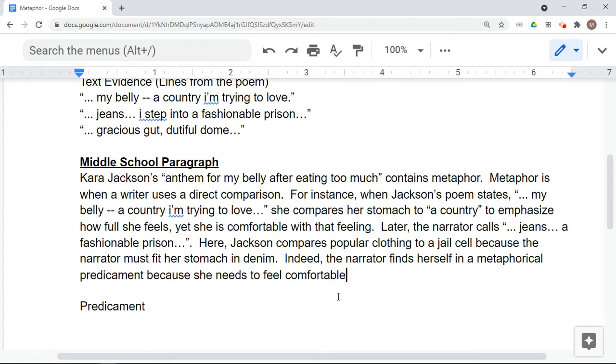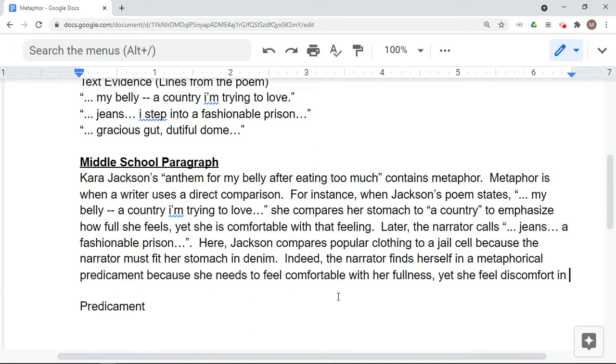comfortable with her fullness, because she needs to feel comfortable with her fullness, yet she feels discomfort, so again, this idea of a prison, I'm closed in.